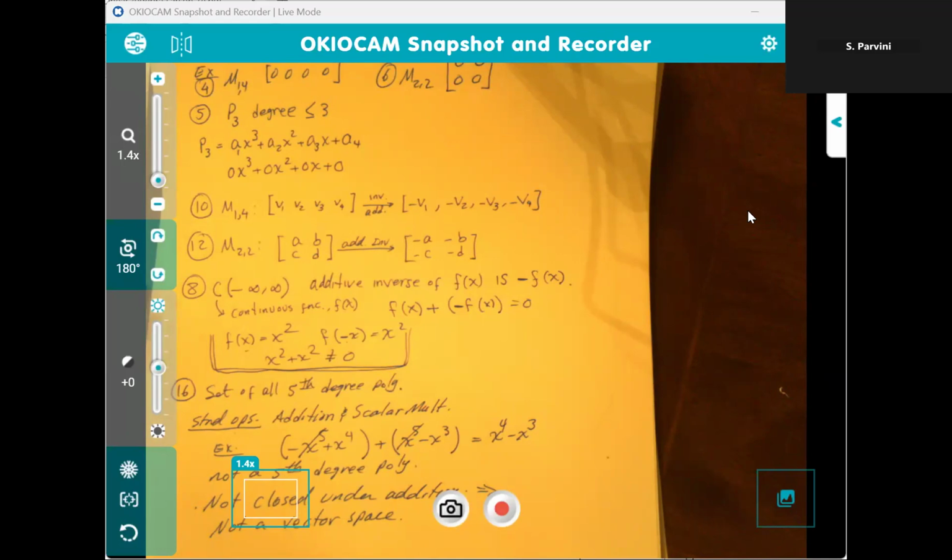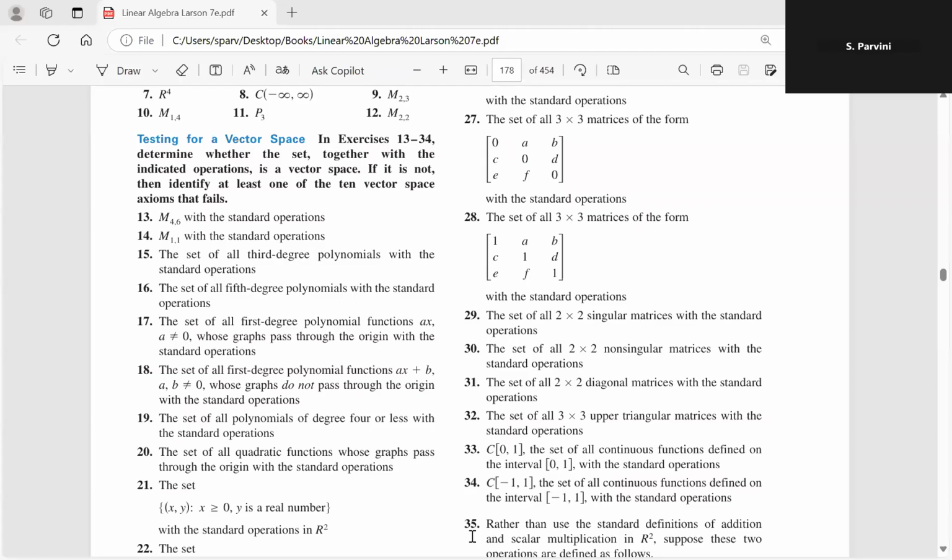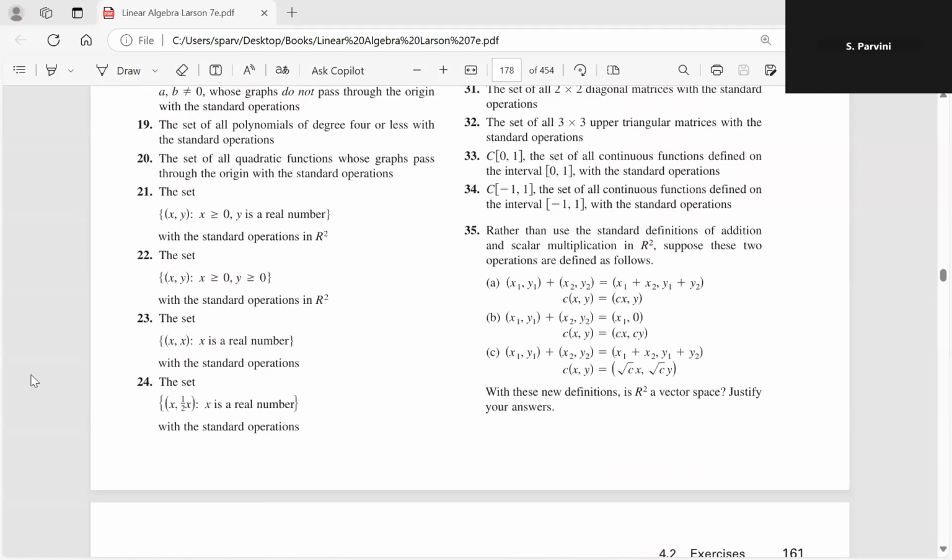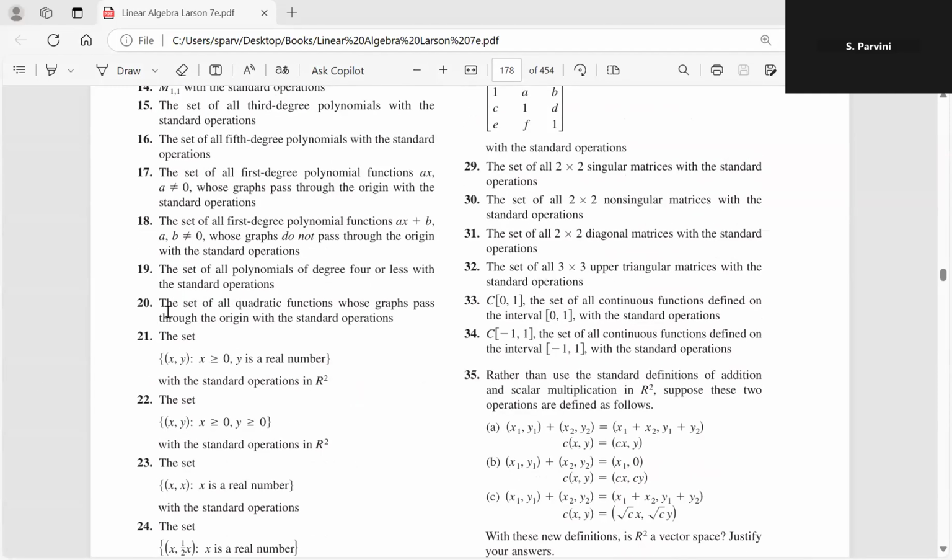Let's look at number 20. Okay, in number 20, this time we have the set of all quadratic functions whose graphs pass through the origin with the standard operations. Well, let's take a look at these.